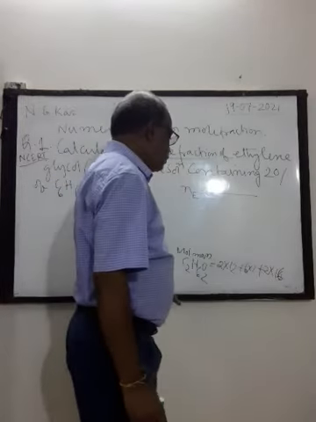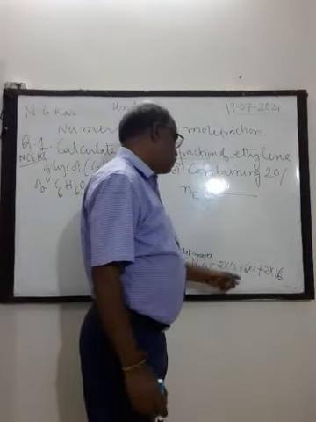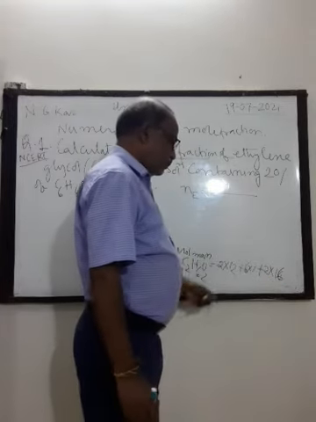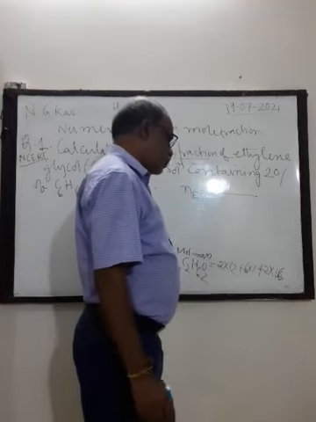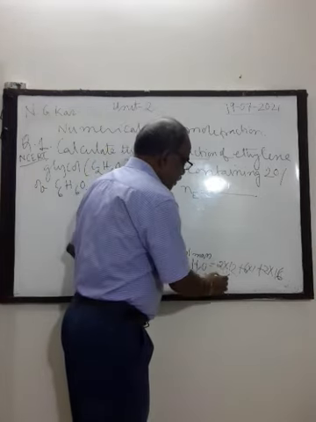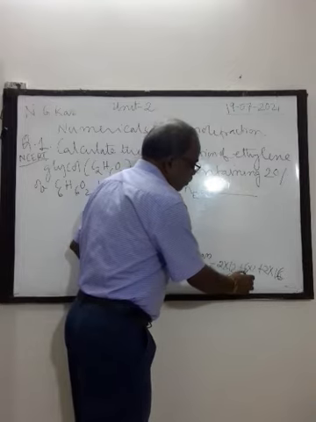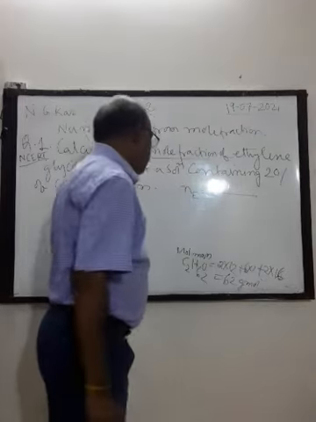So 32 plus 6, 38, plus 24. Altogether 62 gram per mole. So this is the molar mass of ethylene glycol.